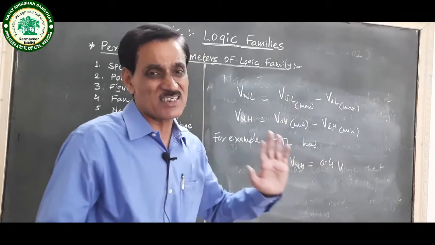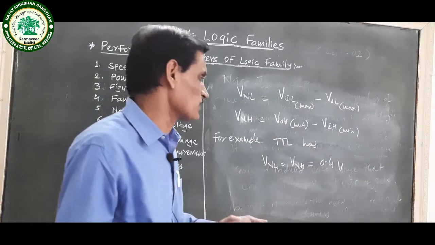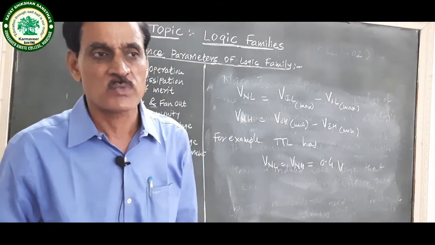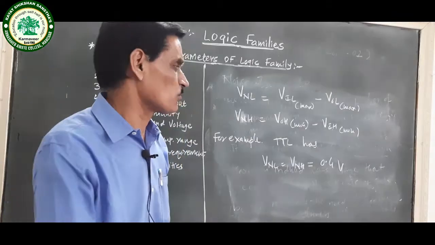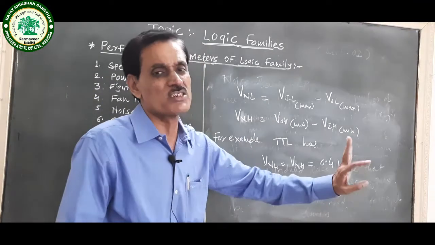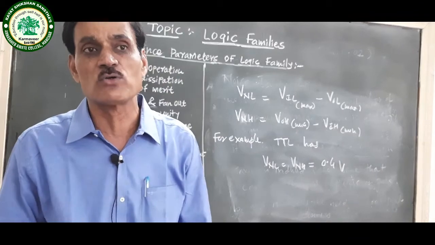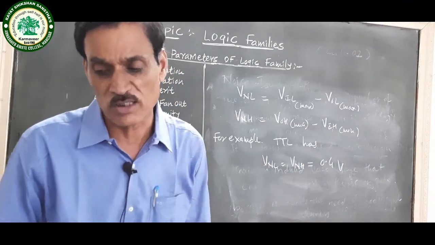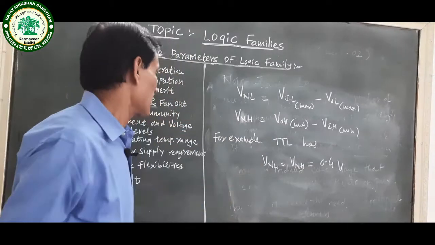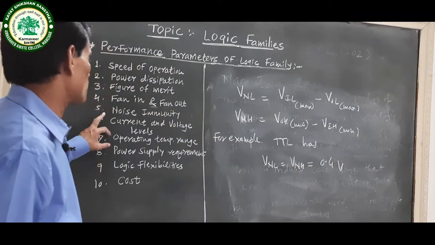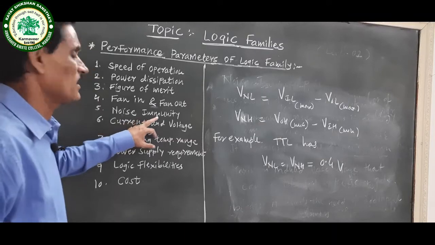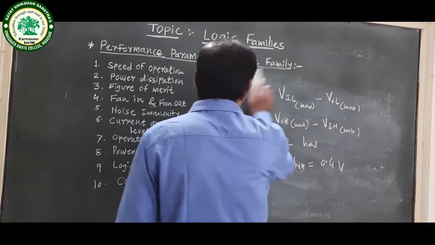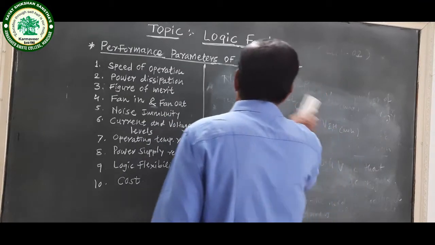Our TTL ICs can tolerate a maximum induced noise voltage in the order of 0.4 volt. If you go towards the CMOS logic family, this value is in the order of 1.5 volt. Noise margin is high in the CMOS logic family. At least remember that a very important factor of a logic family is noise immunity, which I have explained in brief here.